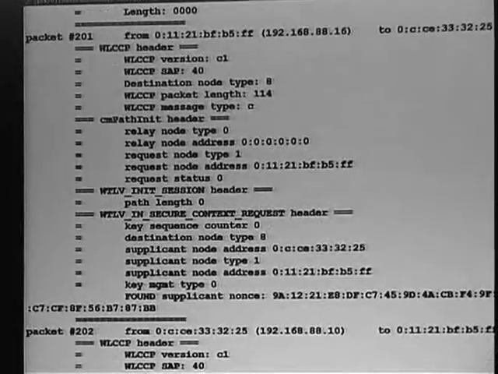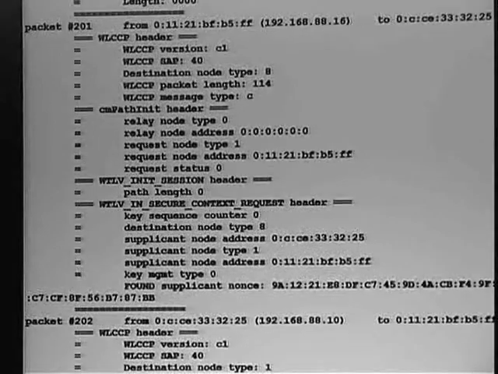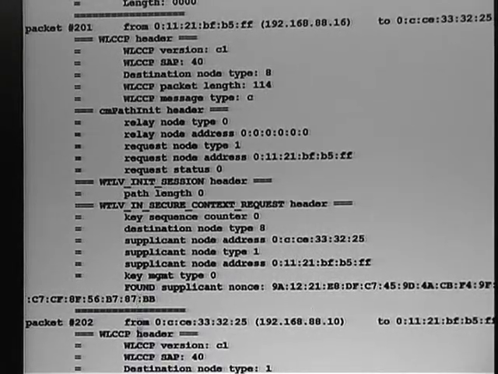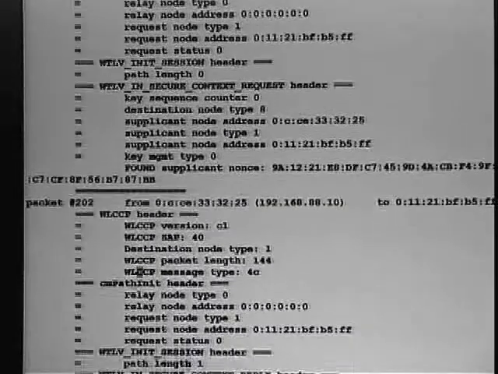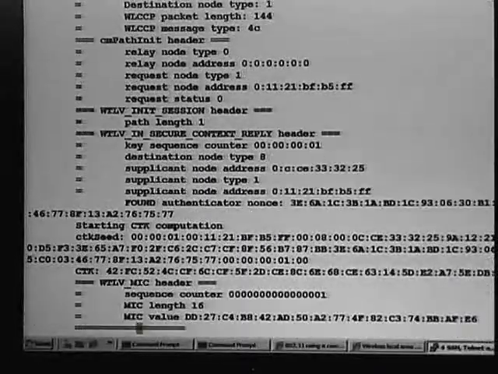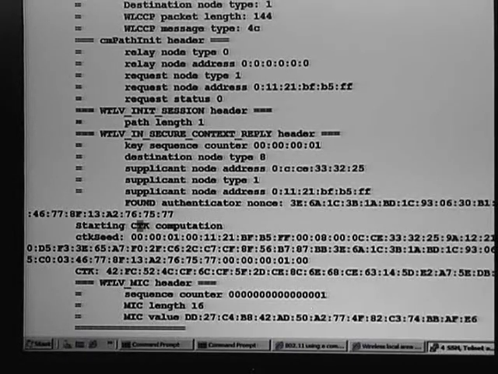So you see this find supplicant nonce line, which is part of the key derivation process. Here's the other nonce, and what you see here is when we have collected all the nonces, it's just an easy computation. It's just a little bit of SHA-1 and some HMAC, and out falls the CTK.